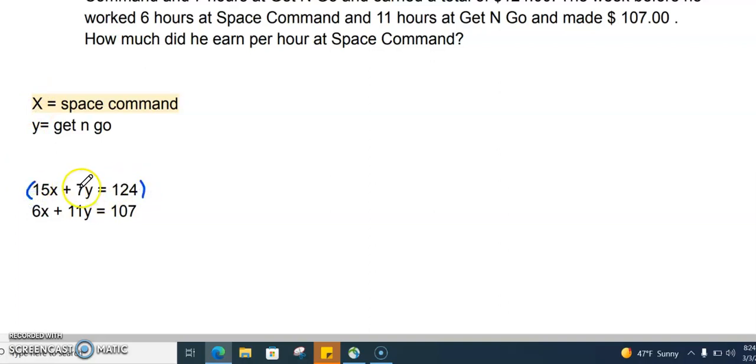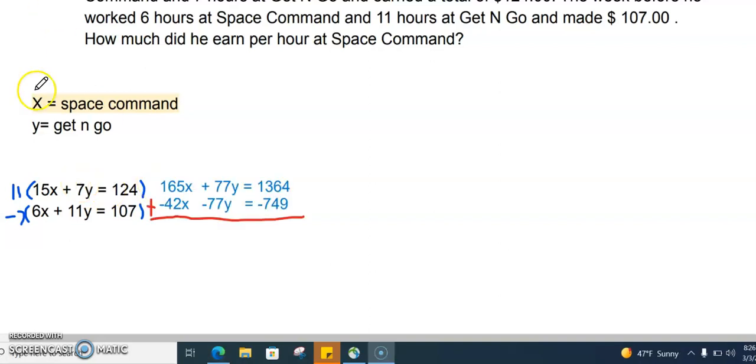So in order to solve for X, I want to eliminate my Y. And so I need to multiply this first equation by 11, and the second equation by -7, so that I'll get a coefficient that's the same number but opposite. So one will be a plus and one will be minus.